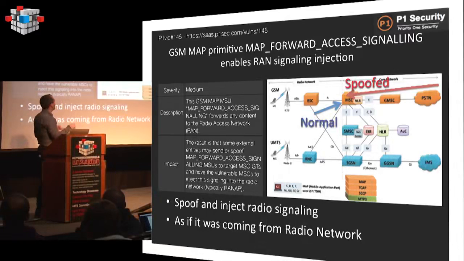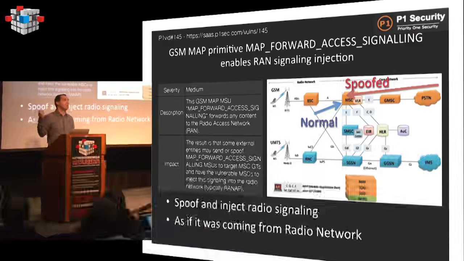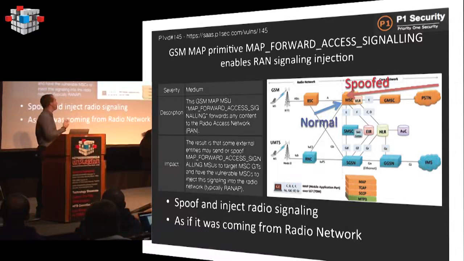Now, what's interesting is that you can also embed into SS7 some radio signaling, saying, oh, by the way, your base station is saying something to your MSC. But bad luck, this is coming from the outside, from the international network. So how could that happen? It's that we are not even mature in SS7 in terms of filtering. So the very interesting thing here is that it's a perfect storm coming.